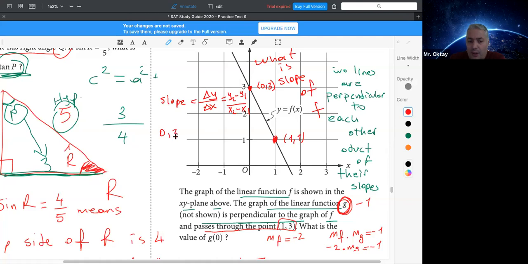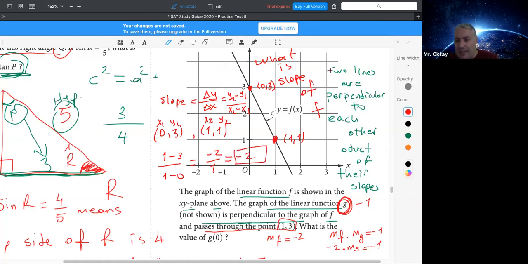So take (0, 3) as x1, y1 and (1, 1) as x2, y2 and use the formula. So 1 minus 3 divided by 1 minus 0. So negative 2 divided by 1, and negative 2. Or you can say this is x2, y2, x1, y1. It doesn't matter. Slope is negative 2.